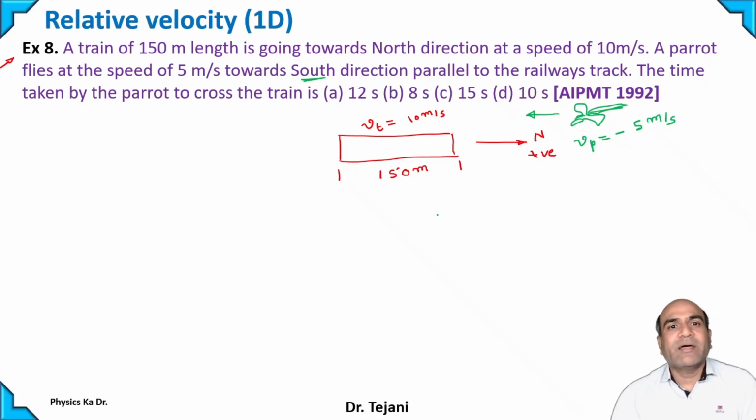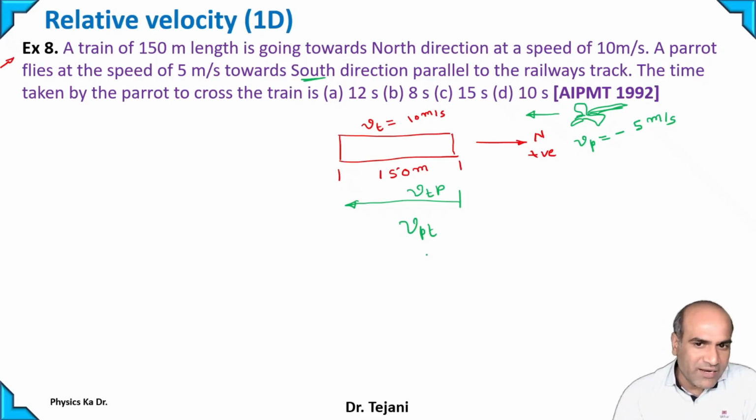The time taken by the parrot to cross the train means the parrot is crossing this 150 meter distance. This is wrong, not with Vp, but it is traveling with velocity Vtp, that means train's velocity with respect to parrot, or the opposite is also true: Vpt, parrot's velocity with respect to train, that is also okay.